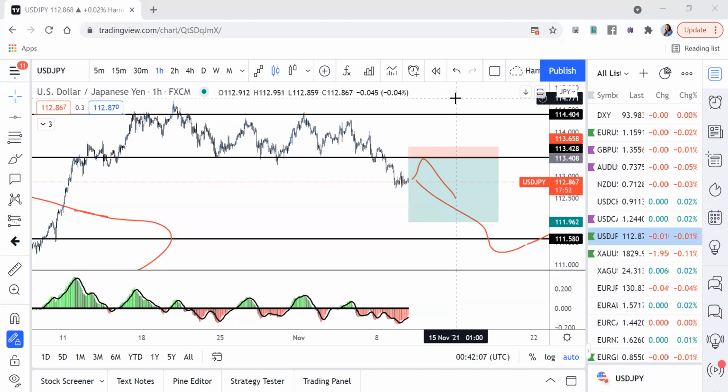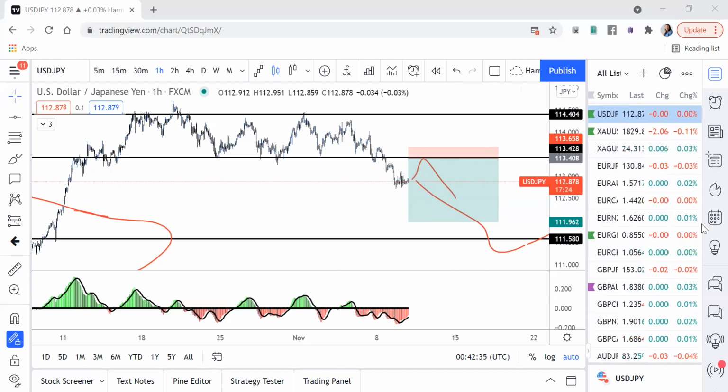So the sell is not going to be something long term, because we're looking for a long term retest for a buy. So for the sell, we come down to a lower time frame to identify the structure, look for the zone to retest, and then get in for ourselves. All right. So that's UJ. There's the analysis. That's the order as well.